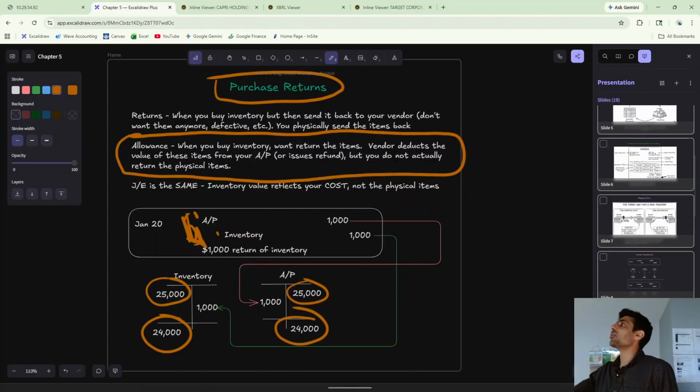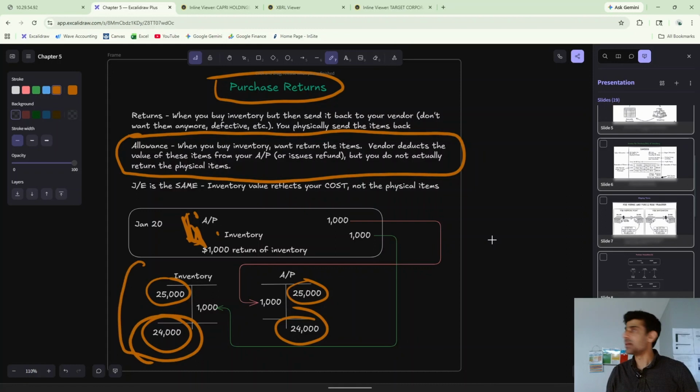They're just like, keep that item, we'll send you the new one. That's an allowance. So you're not going to pay for that thing that you have in inventory. The cost to you is zero, if they allow you to keep it. If you were to sell it, it would just be pure profit. So your inventory is not going to reflect that cost, because you didn't pay for it.